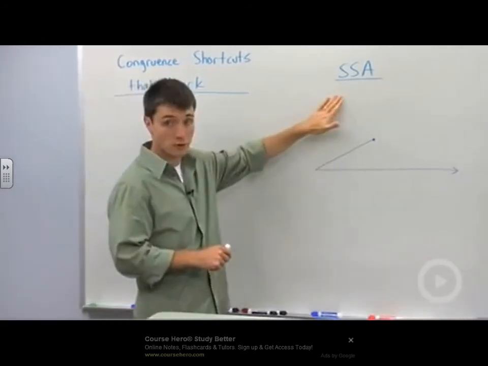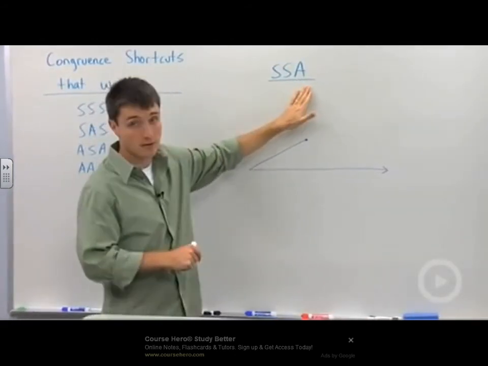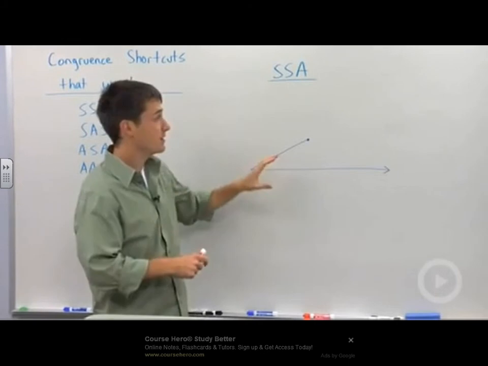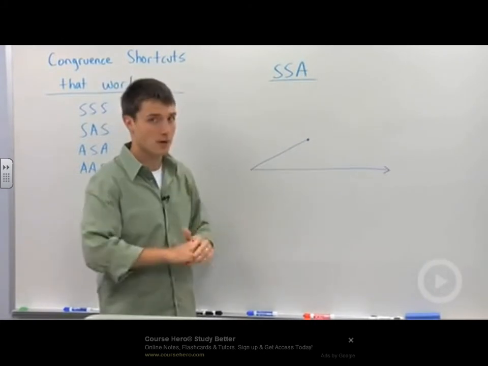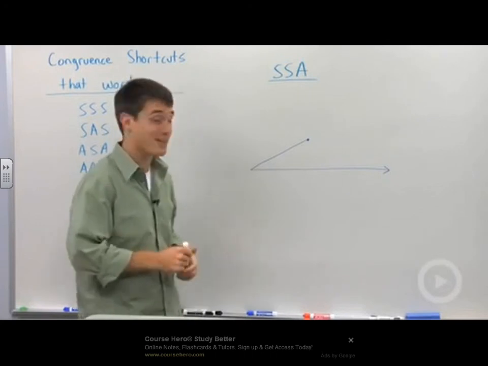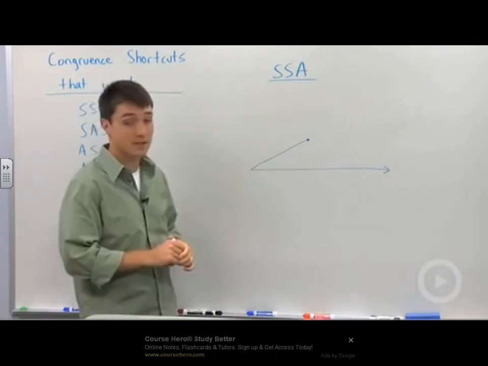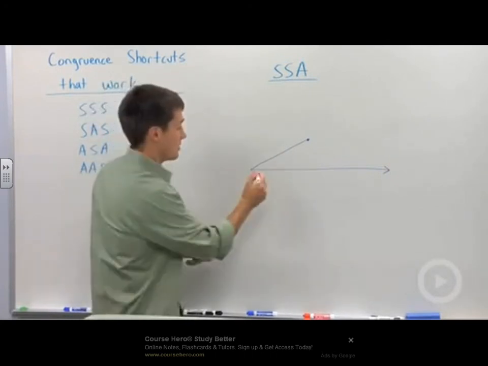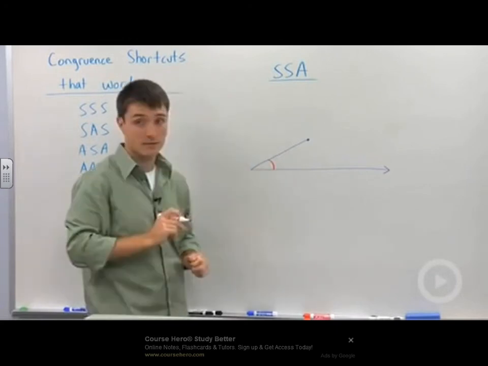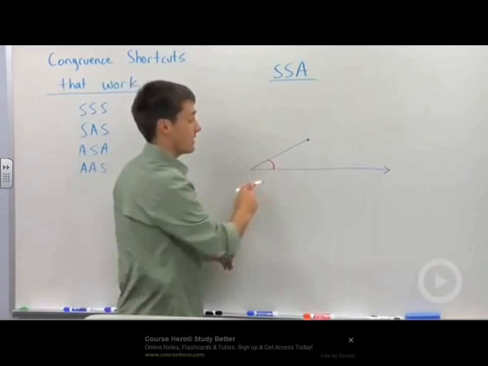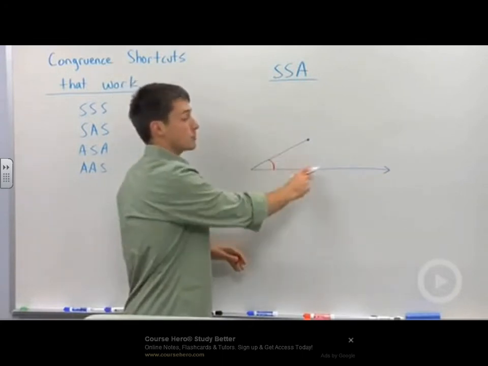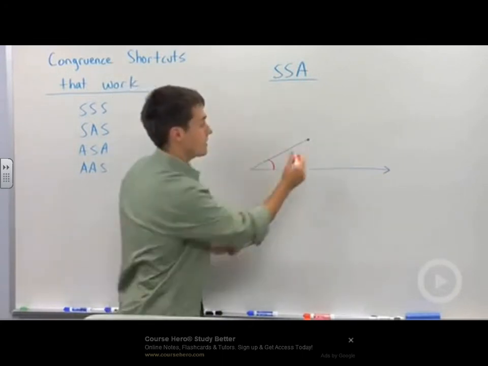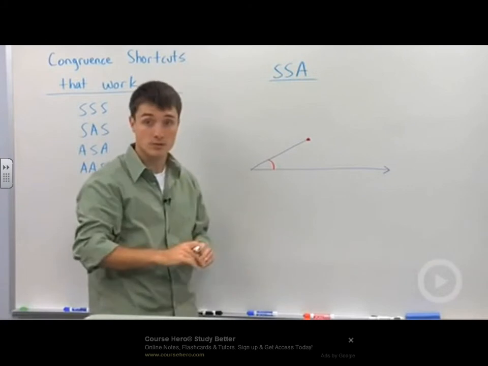So let's take a look at the first one, which is side, side, angle. Now, part of the reason why this is the seedier side of geometry is because if you switch around the letters, you get a rude word. If we start off with this angle and a side, I'm going to say this is a fixed angle, and this is a side that's rigid. Notice that I drew a ray here, and I'm saying that we need to make a triangle here, and I'm going to say that this point right here is the center of a circle.